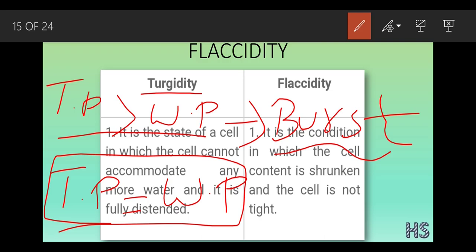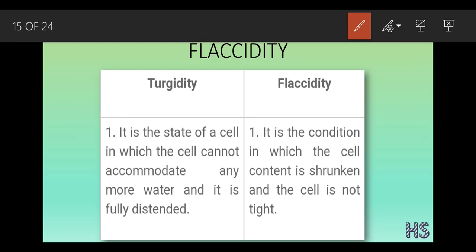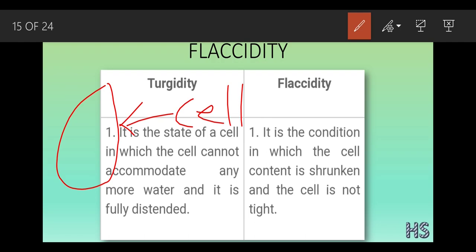This bursting of a cell can only occur in the animal cell. Why? Because you have studied in 9th standard that the outer wall of the animal cell is called the cell membrane.